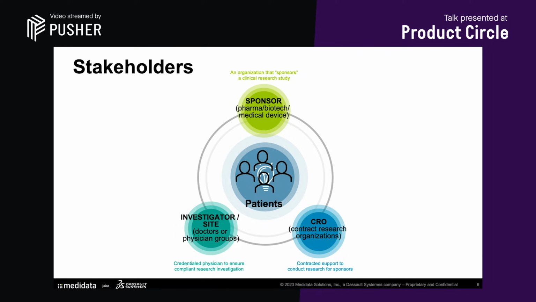In a typical clinical trial, if we had to group stakeholders into 4 groups, these would be them. So at the top there in green, you've got the pharmaceuticals, the biotech companies, the medical device manufacturers that are sponsoring the trial. These are the people that have invented, let's say, the experimental treatment or operation, and they intend to market it and make it available to the general public.